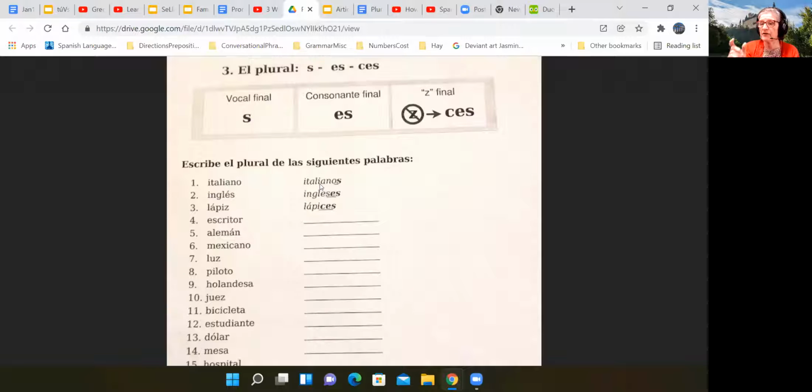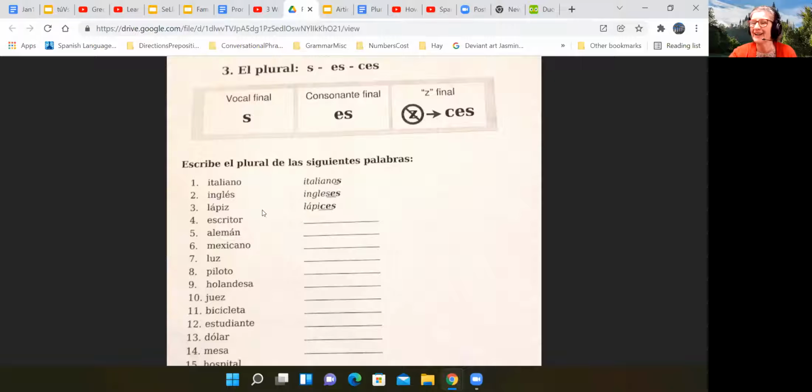So if the last letter of the noun, person, place, or thing, is a vowel, A, E, I, O, U, and usually it's going to be an A, O, or E, just tag an S on the end. Yay, not so hard, right? Clock, clocks. Cup, cups, not too hard.